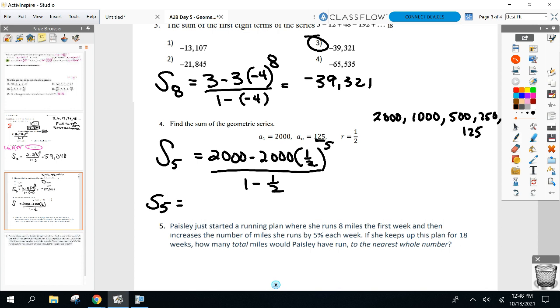What a mess that would have been. So if you don't have the n value, which you won't on your Delta Math coming up in a couple minutes, write out all the terms you can until you hit the term you need, and then figure out what term it is. How's 3,875 look? Good?